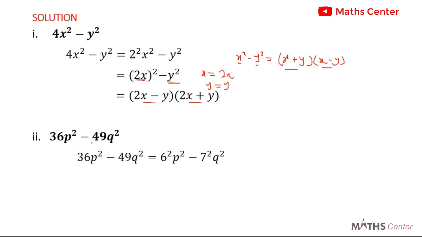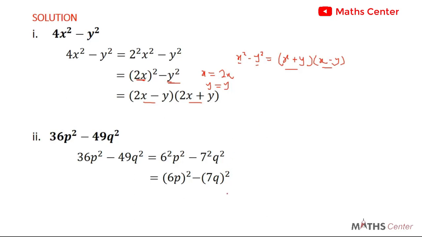We have come to see that 36 can also be written as 6 squared, because 6 times 6 is 36. 49 can also be written as 7 squared, because 7 times 7 is 49. Now 6 squared p squared can be written as (6p) all squared. 7 squared q squared can be written as (7q) all squared.